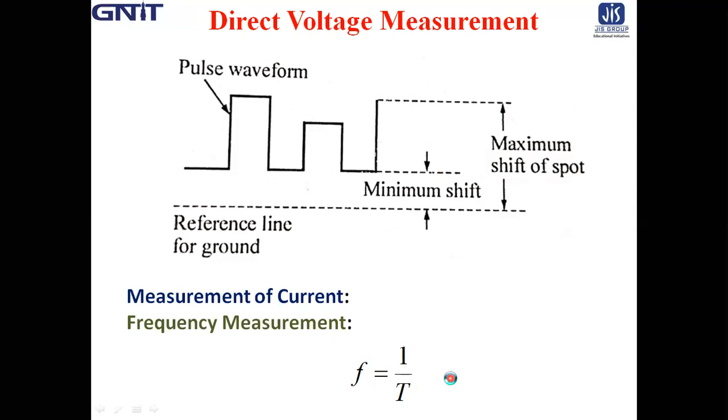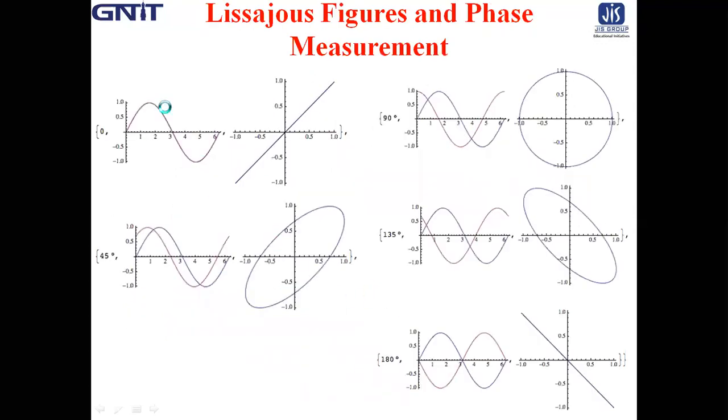Now I am showing you an important pattern that is called Lissajous figures and phase. So how can you measure amplitude and frequency? Suppose sinusoidal voltages are applied to both horizontal and vertical inputs of the CRO.